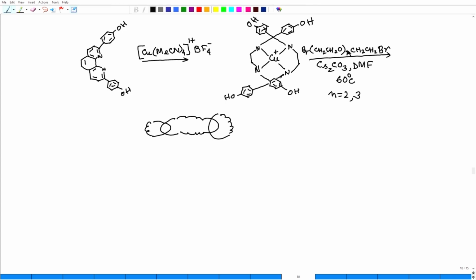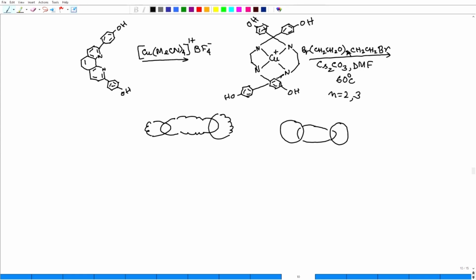Then what are we getting? Then I am getting a compound of one macrocycle, another macrocycle, and here is another macrocycle.